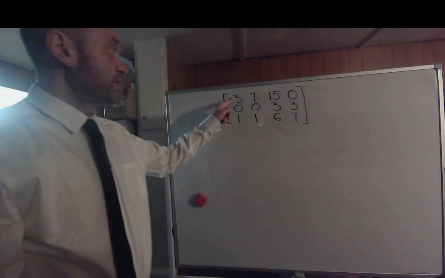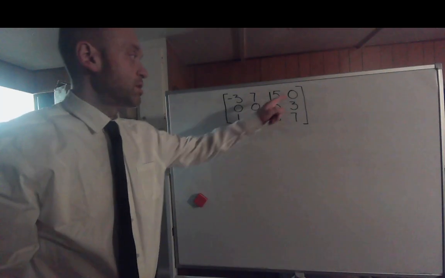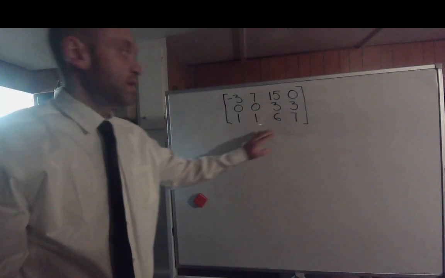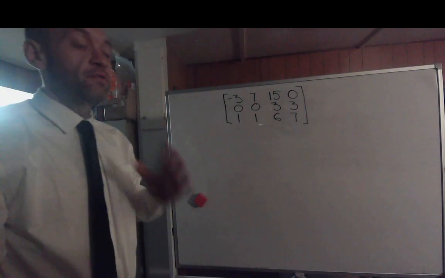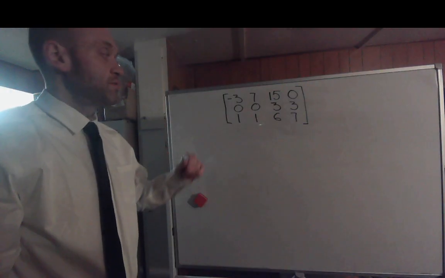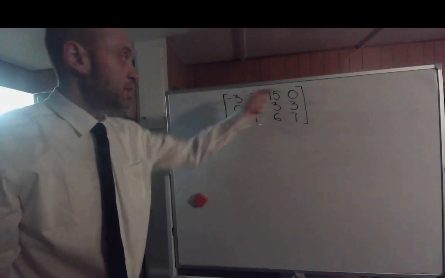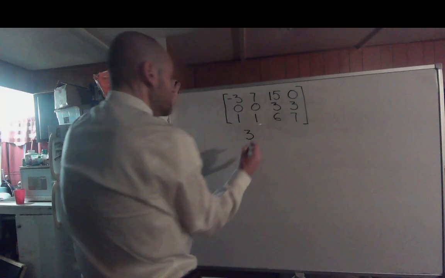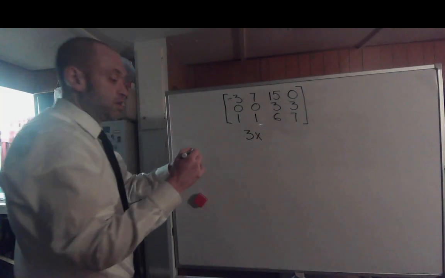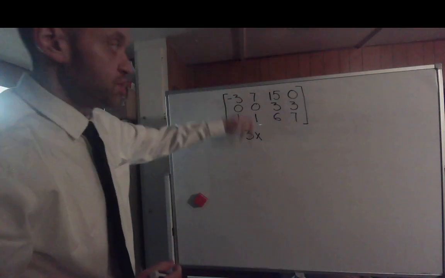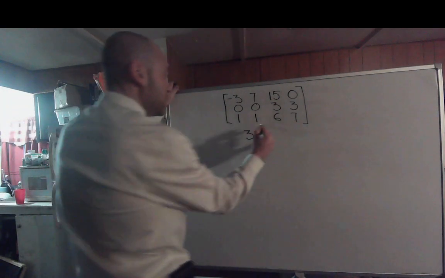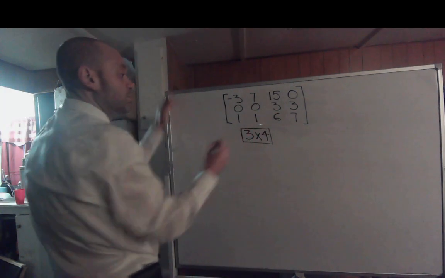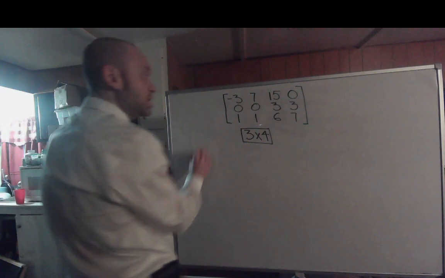You have -3, 7, 15, 0, 0, 0, 3, 3, 1, 1, 6, 7. Again, first, how many rows does this have? Straight across from left to right, 1, 2, 3 rows. By how many columns, that go straight up and down? 1, 2, 3, 4. This would actually be a 3 by 4 matrix. It has 3 rows and 4 columns.